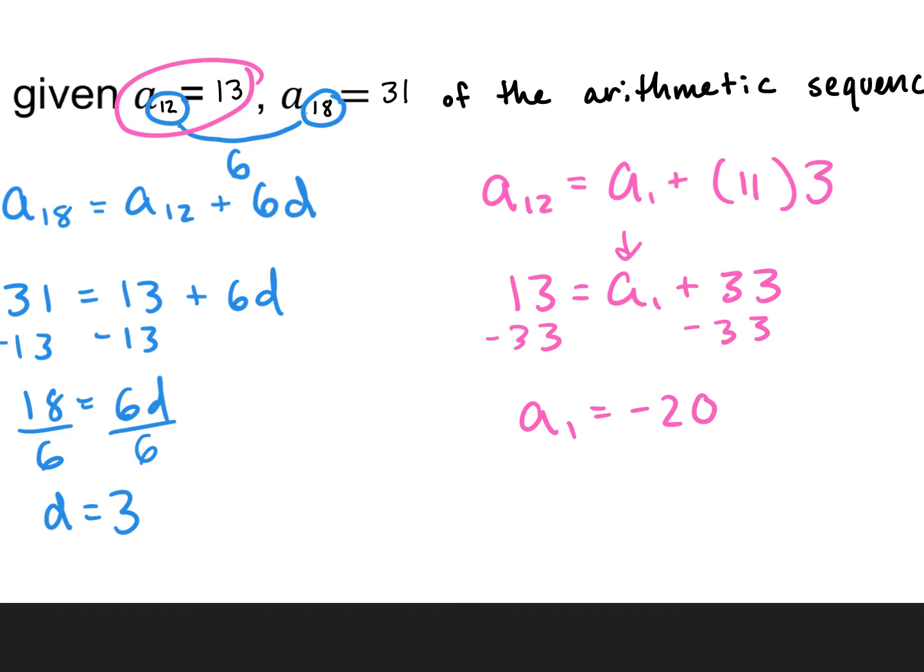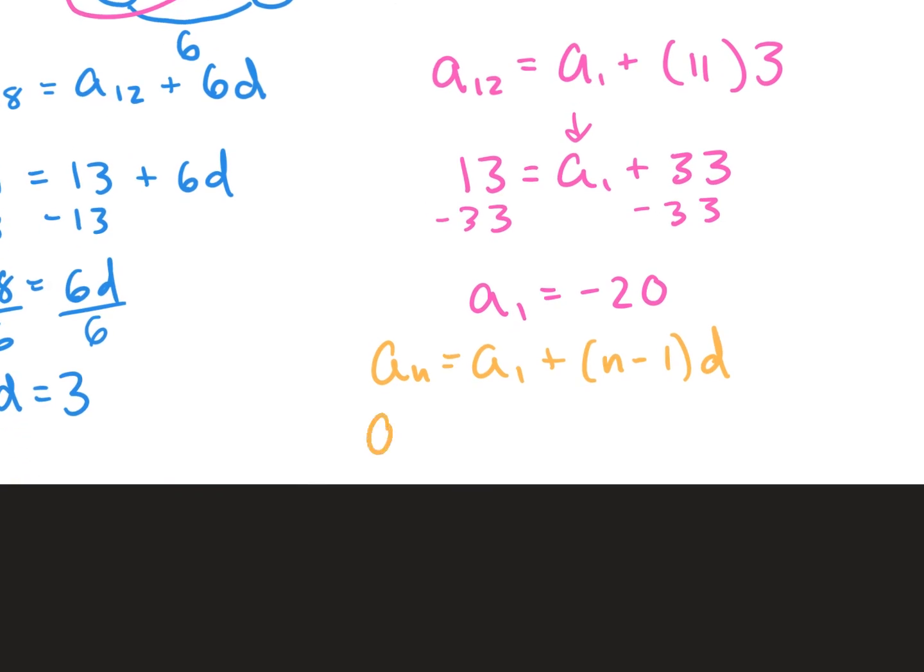So in my a sub n formula, a sub n is equal to a sub 1 plus n minus 1 times d. So a sub n is equal to, what's a sub 1? Where did I get what? By subtracting 1 minus 12. Because in our formula here, notice for this one that it's n minus 1.